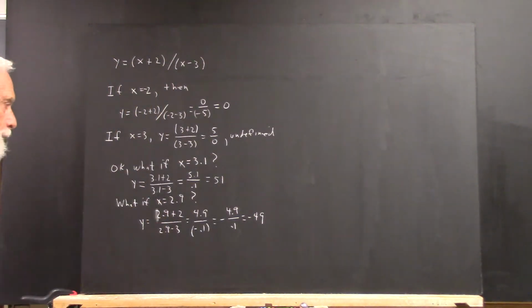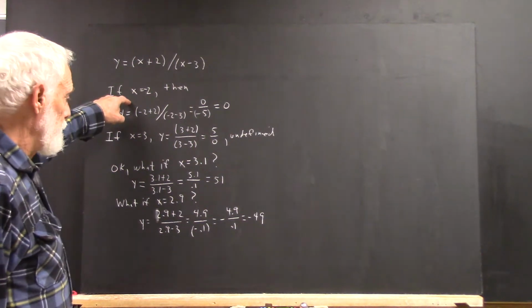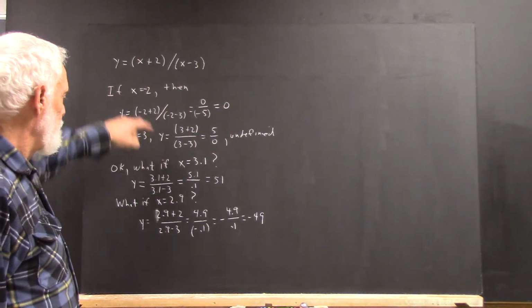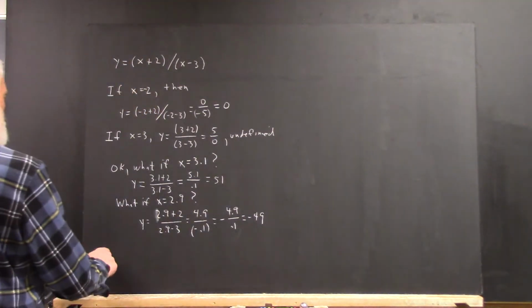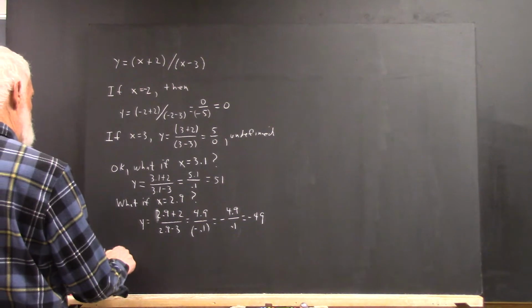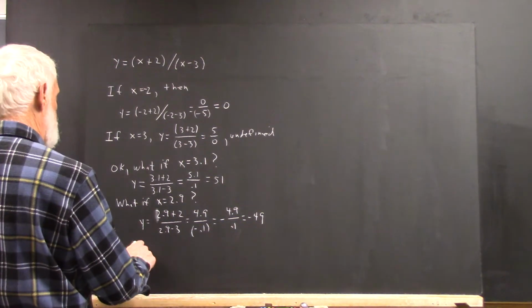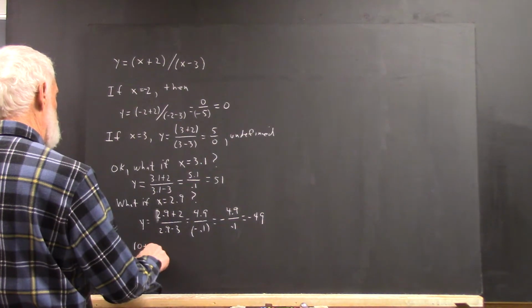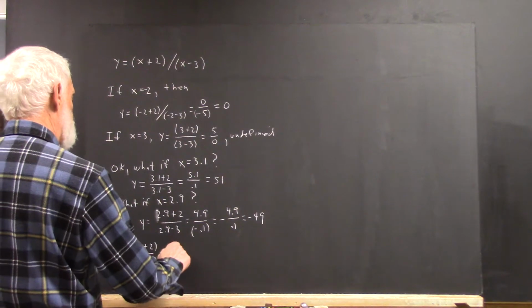So what's your graph going to look like? You've got a 0 at x equals negative 2. You're going to have a y-intercept, and that's going to be 0 plus 2 over 0 minus 3, which is negative 2/3.